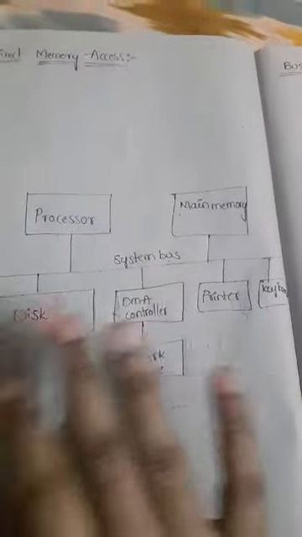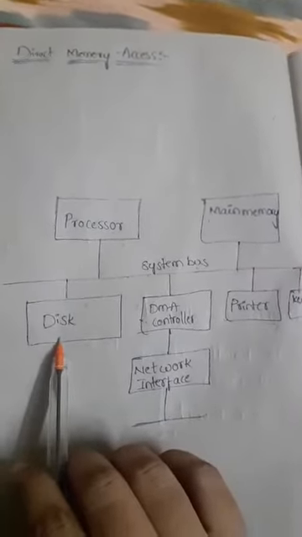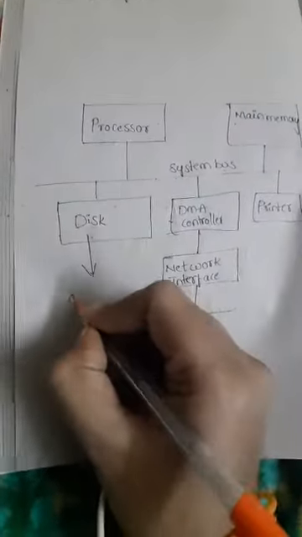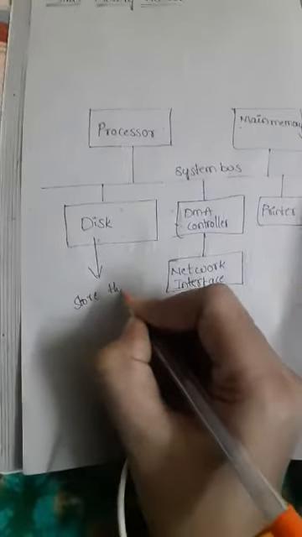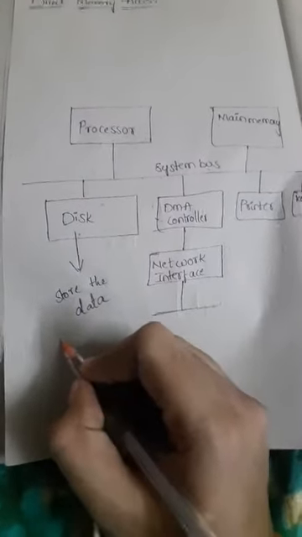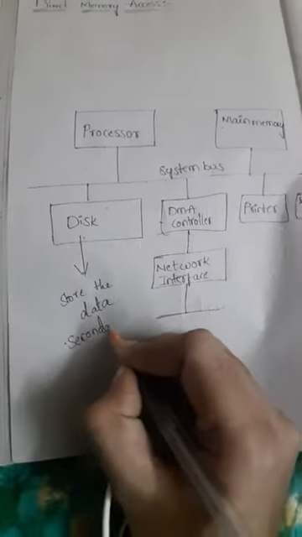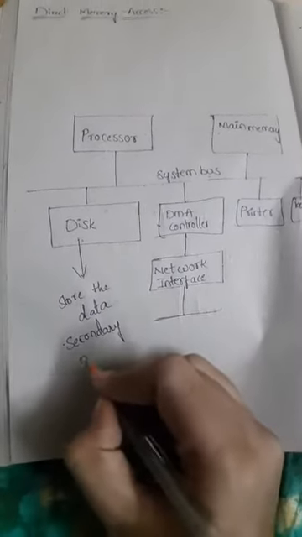Now what are the rest of the things we have? One is the disk. Why are we using the disk? The disk will store the data. This we can also call secondary storage or secondary memory.